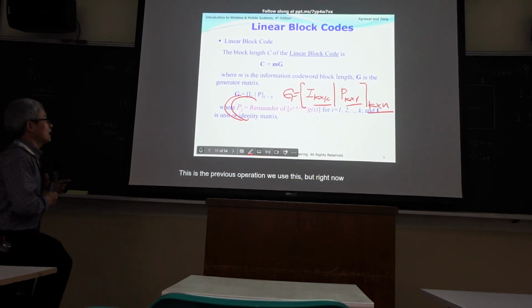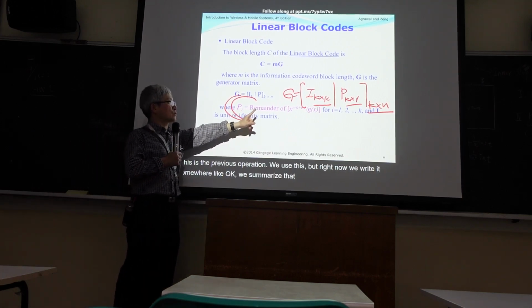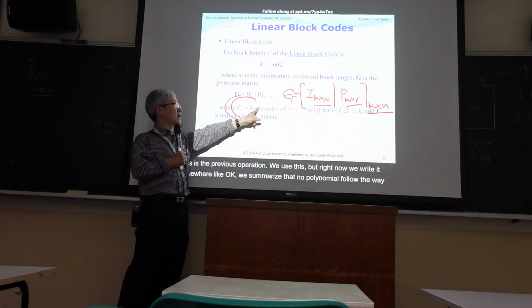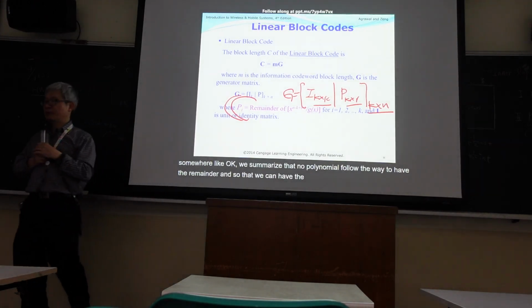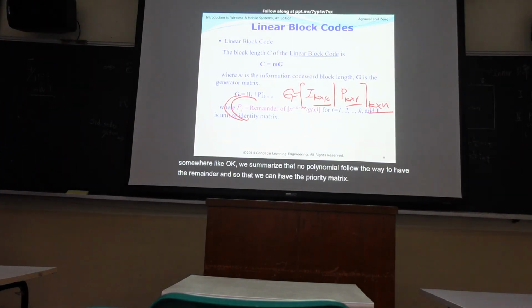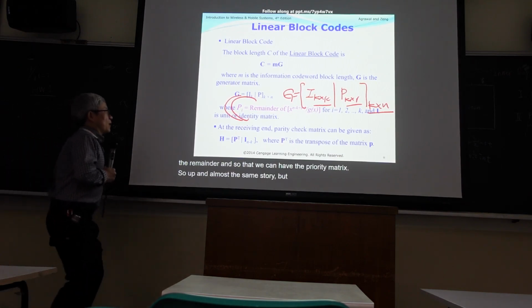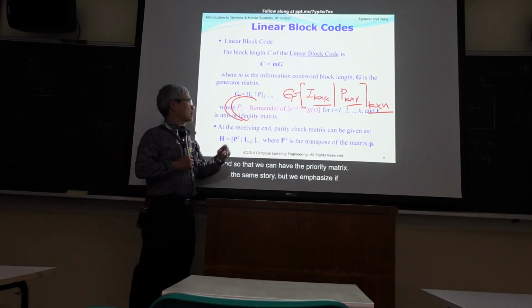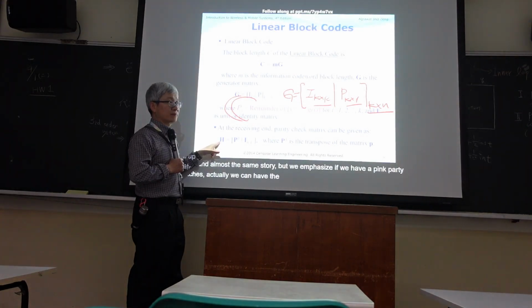We summarize the polynomial following the way to have the remainder, so that we can have the hierarchy matrix. So up to now, almost the same story, but we emphasize. If we have a parity matrix P, actually we can have the next matrix, this one.